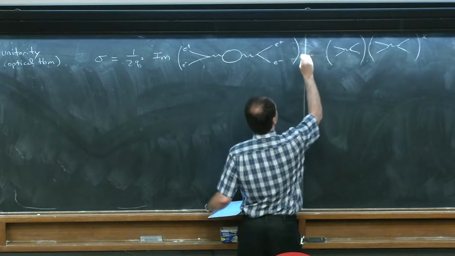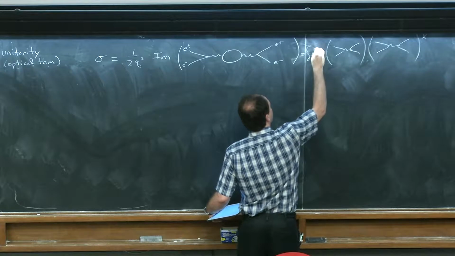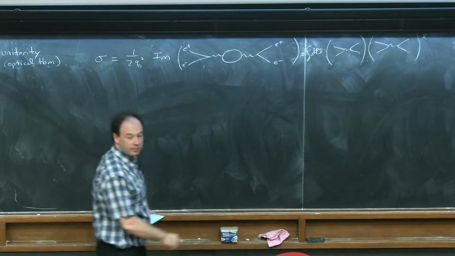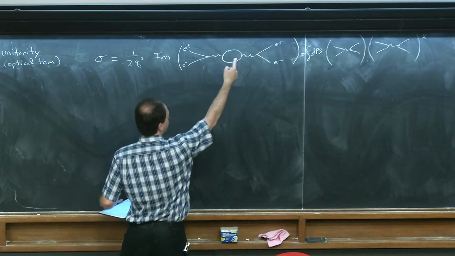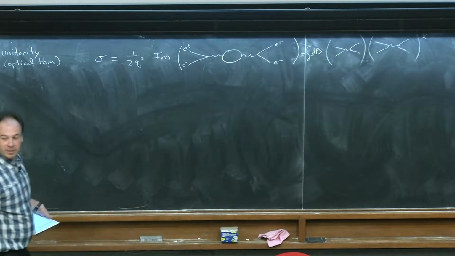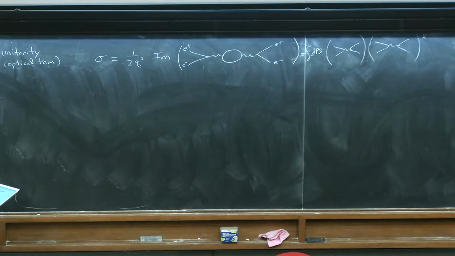So that's exactly giving us back the picture that we had before for how to calculate the cross-section as a square of a matrix element, except this time we're calculating it by first calculating this loop diagram and then taking the imaginary part.